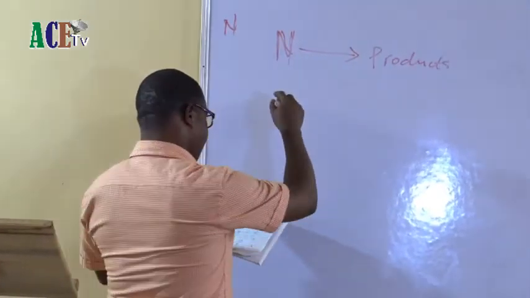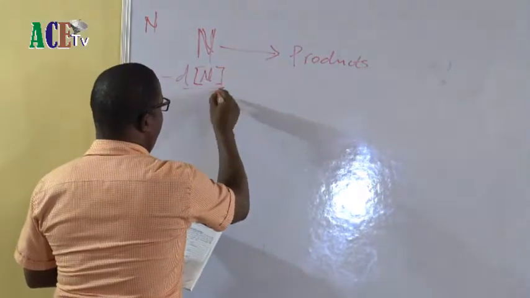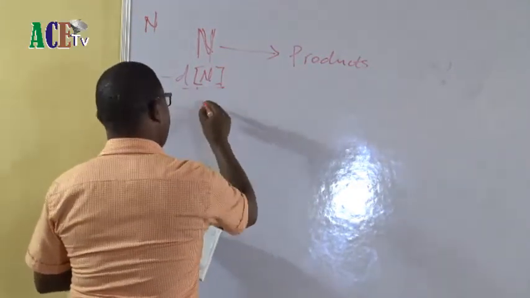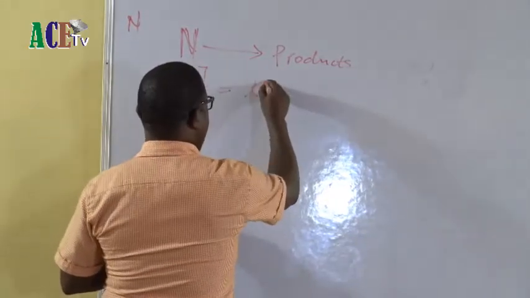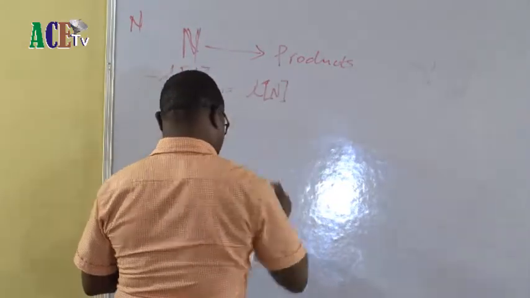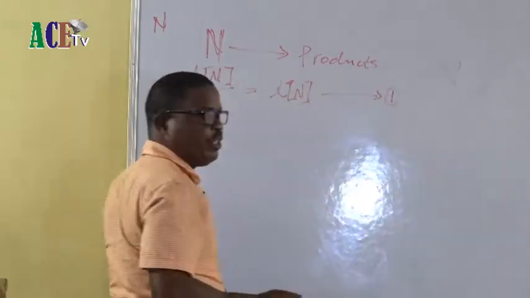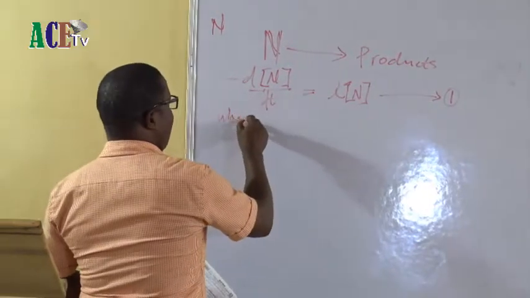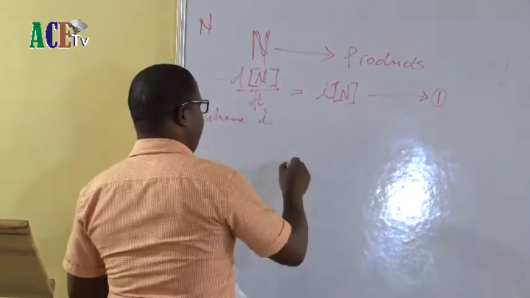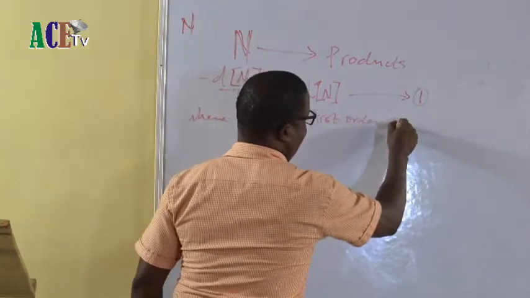So undergoing some mathematical calculations, we have minus dN over N dt is equal to lambda N. And that is giving us the first equation, which is equation 1, where our lambda is a first order constant.